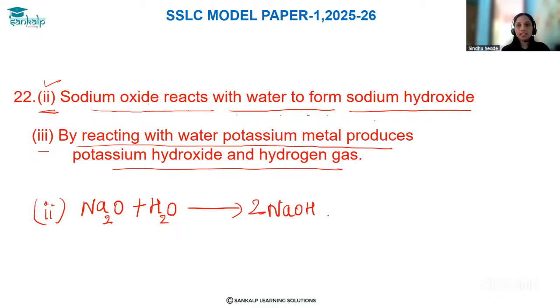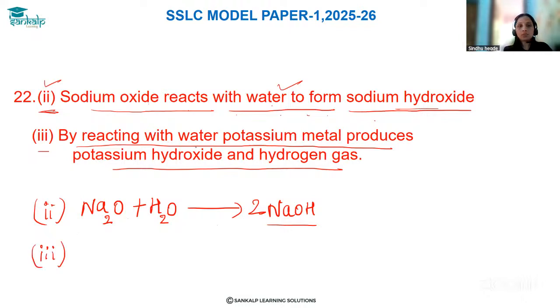This is the chemical equation for the above reaction given in words. Sodium oxide, that is Na2O, reacts with water, that is H2O, will give the product sodium hydroxide, that is 2NaOH. Then write for the third one.